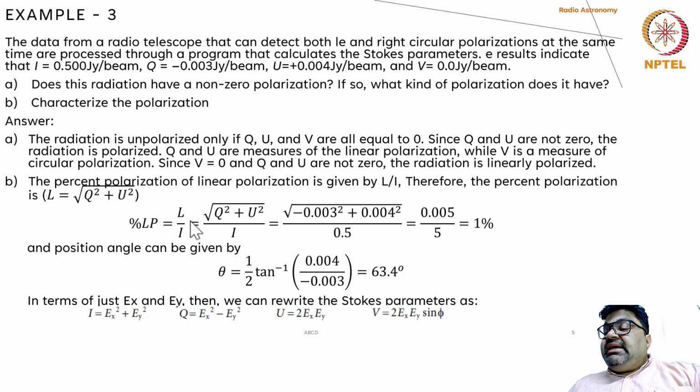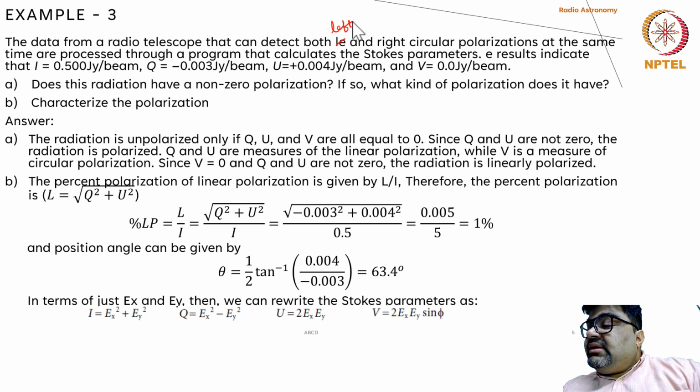Example 3. The data from a radio telescope that can detect both left circular and right circular polarizations at the same time are processed through a program that calculates Stokes parameters.